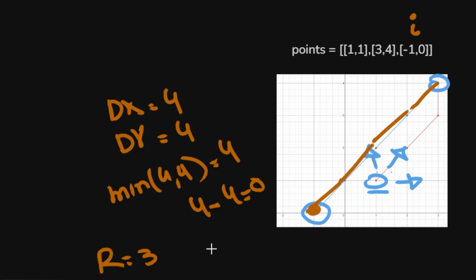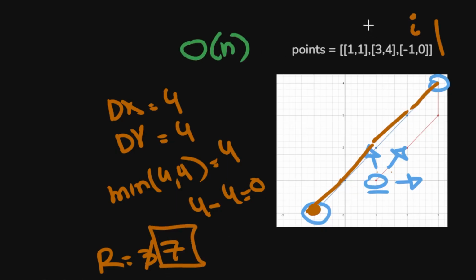So at this point, we can add to the result 4 plus 0, which is 4. And 4 plus 3 is 7. Now we have already iterated all the points, so we return 7. Time complexity for this is big O of n because we need to iterate these points, and space complexity is big O of 1. So with this in mind, now let's go with the code.